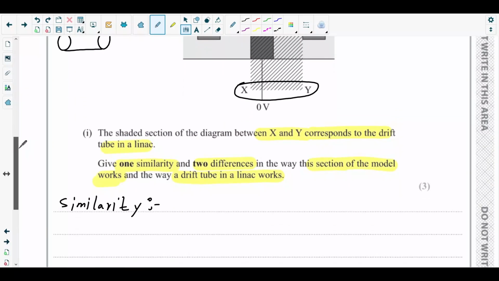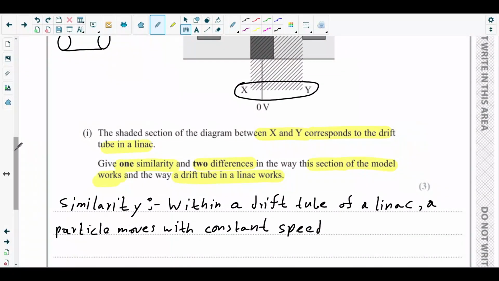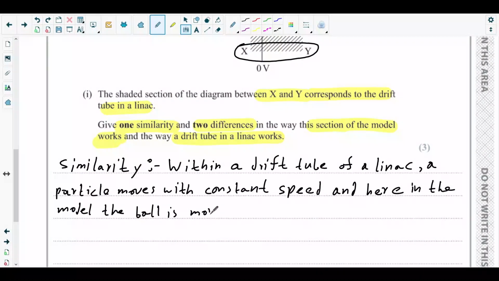So the similarity is that within a drift tube of a Linac, a particle moves with constant speed, and here in the model the ball is moving with constant speed between X and Y.